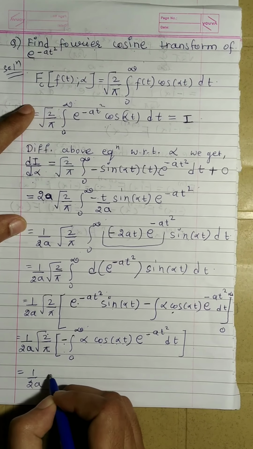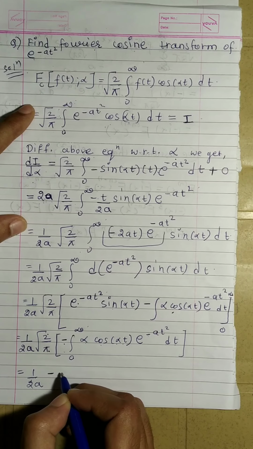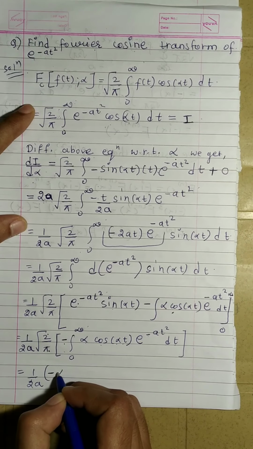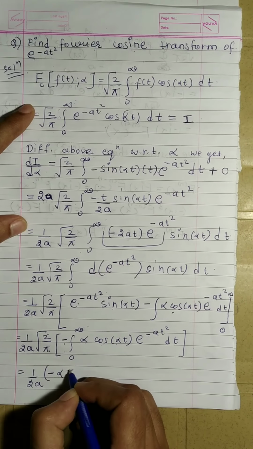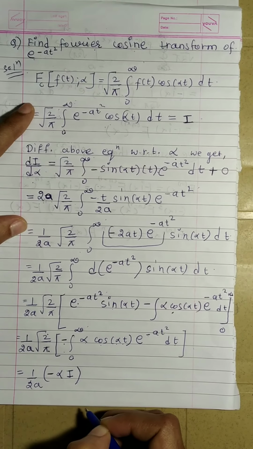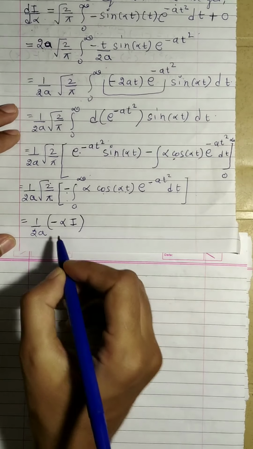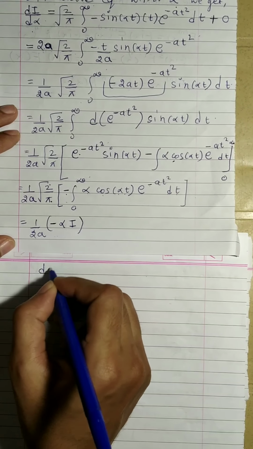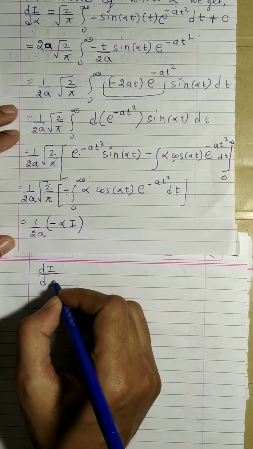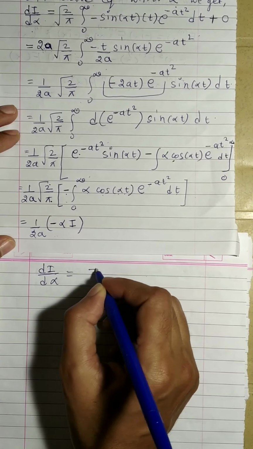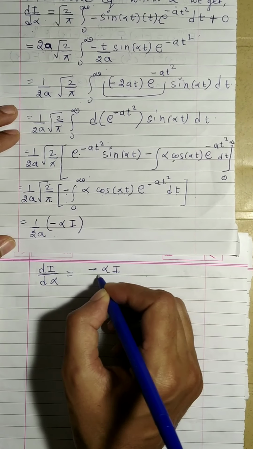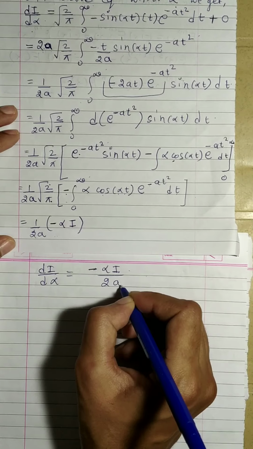So this is nothing but minus alpha into this I. Now we have got the equation: minus alpha I upon 2a.